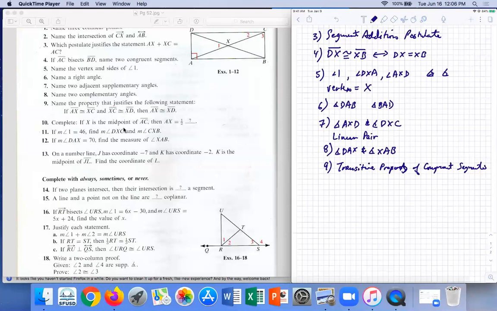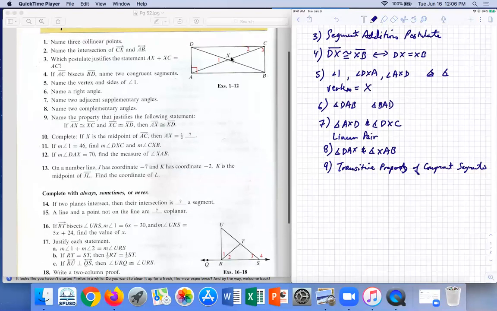Number 10. Complete if X is the midpoint of AC. So from this diagram up here, if X is the midpoint, so just know that midpoint, it's a point that's in the middle, right? X is the midpoint of AC, then AX is equal to half of what? So this would be a definition, I think it's a definition.